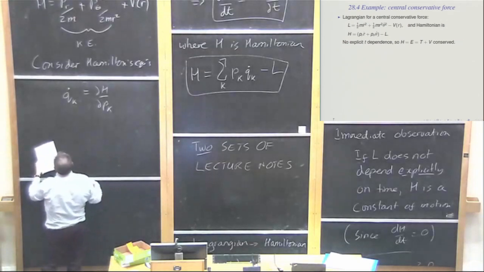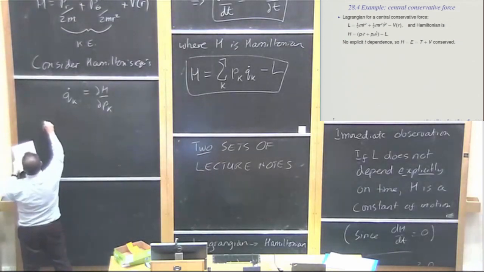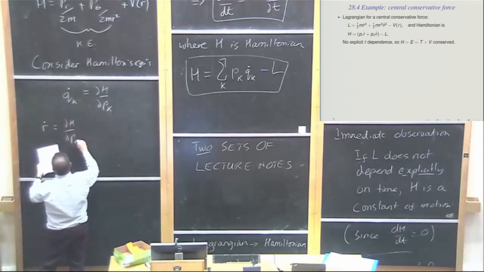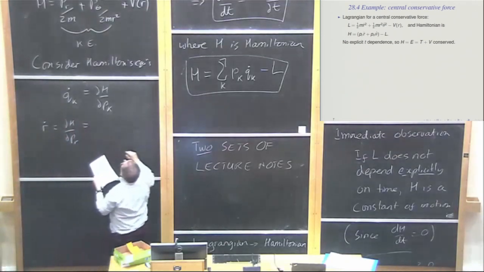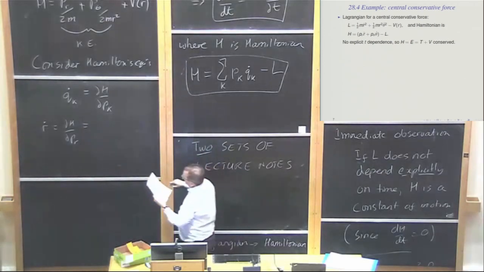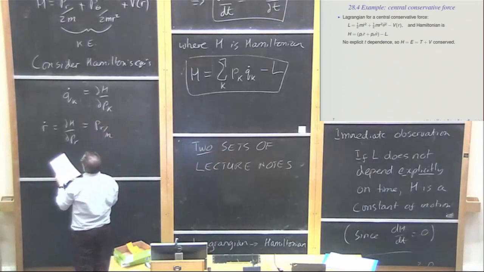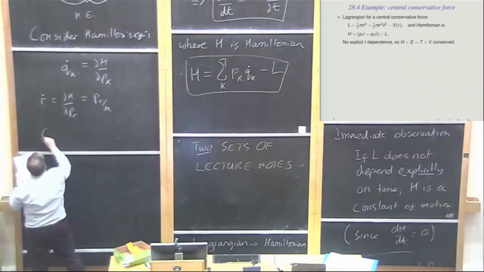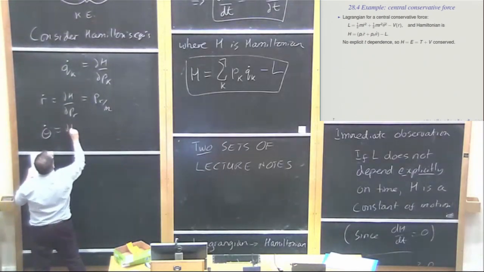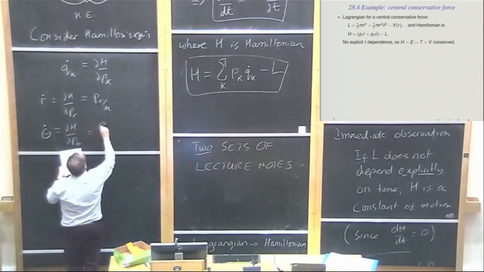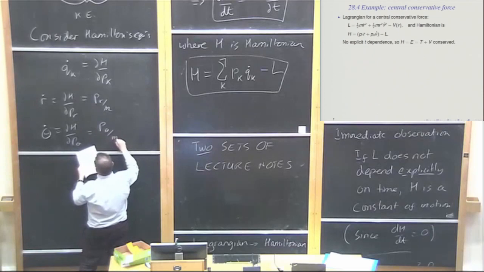So this gives us that r dot is equal to dH by dp subscript r, which is just going to give me pr over m. And similarly, theta dot will be dH by dp theta. That's just going to give me p theta over m.